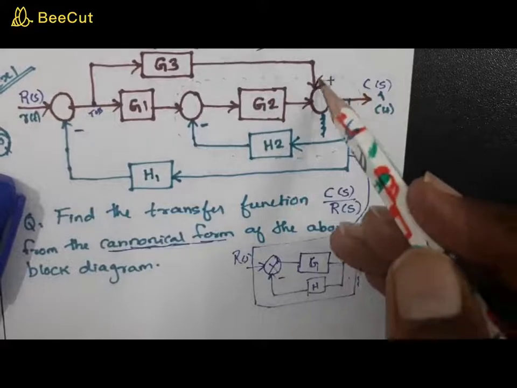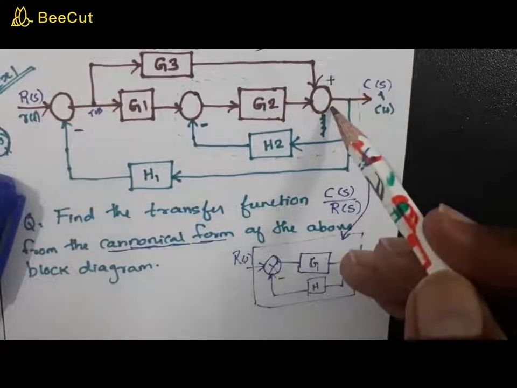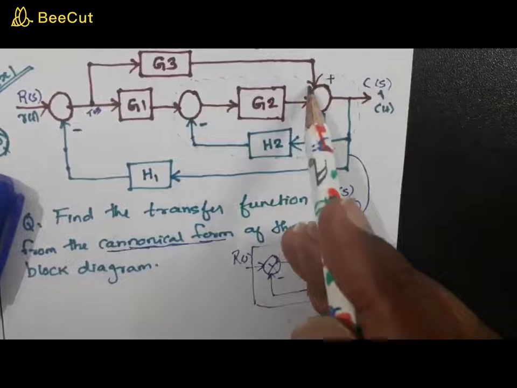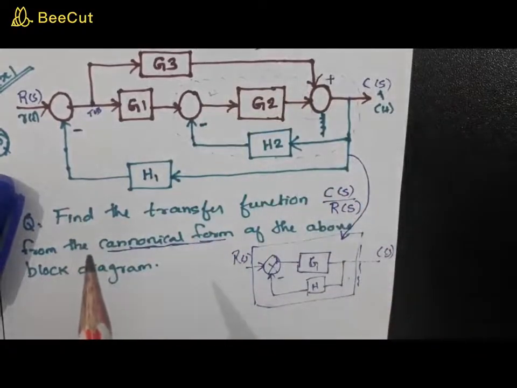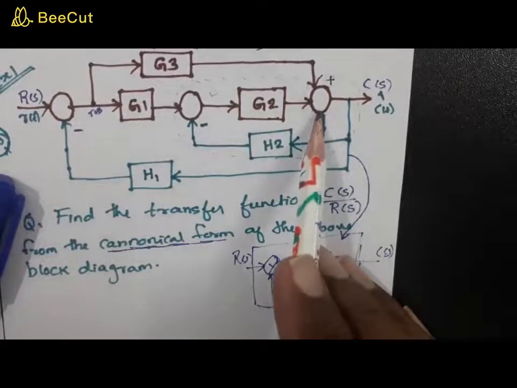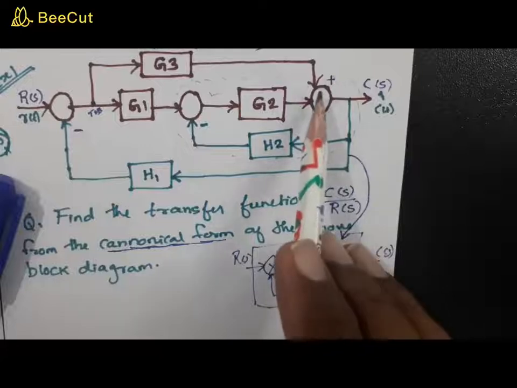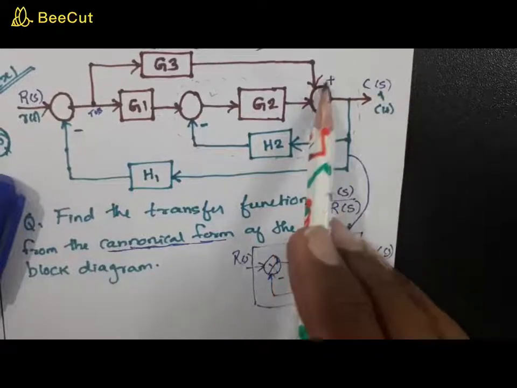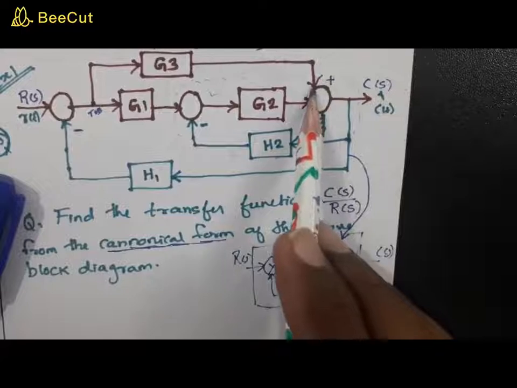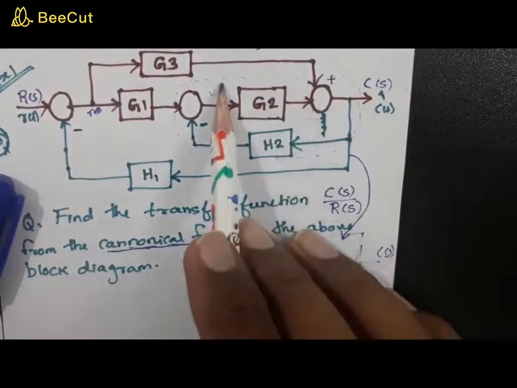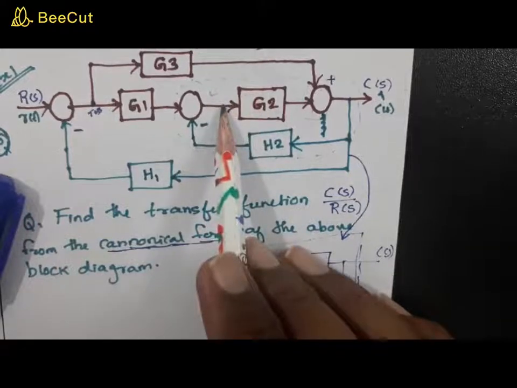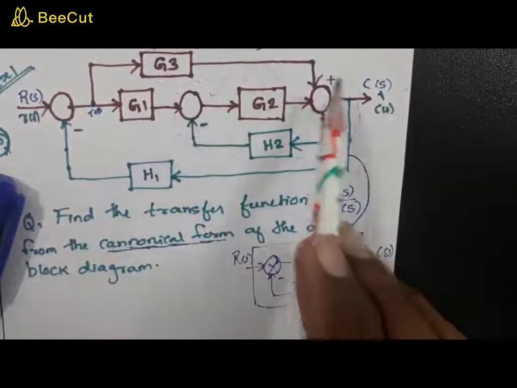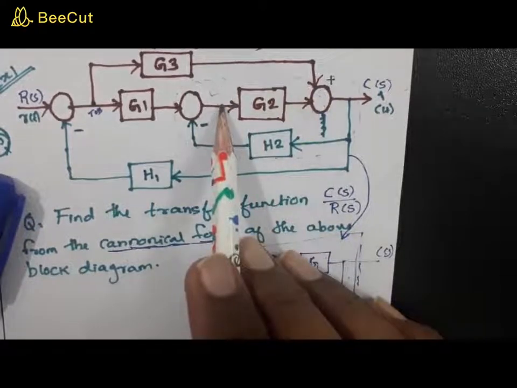The presence of a summer, right? So if you can shift this summer in this direction, to this point, that is the solution. This summer is the problem, and you cannot shift it to anything beyond this. So there is only one option: to shift this summing point before G2. That is, placing this summer before G2.